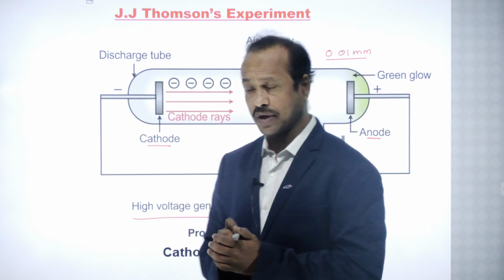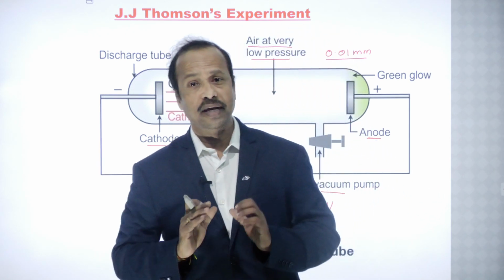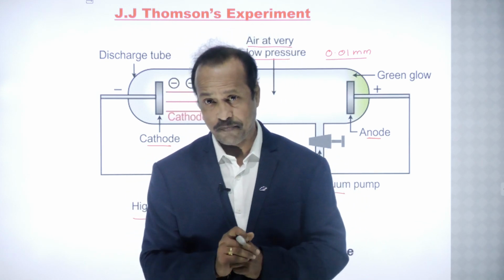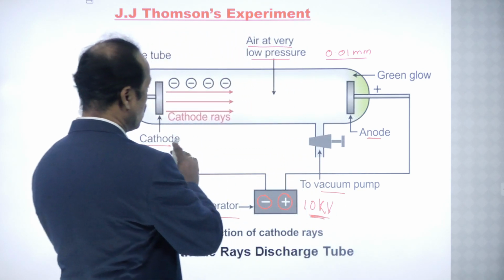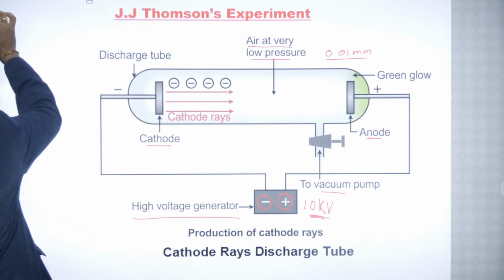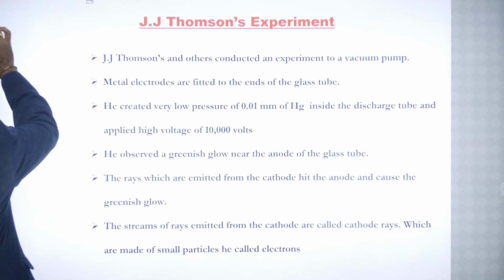Now these cathode rays were later named as electrons. Now let us see the properties of these cathode rays.